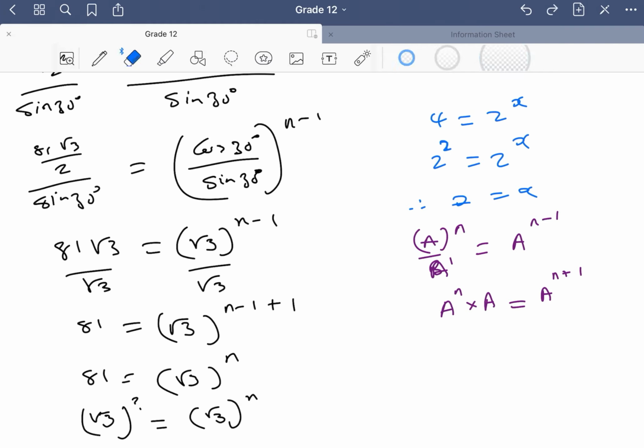So you can start from 1. If you punch it in your calculator, square root of 3 power 1 is just square root of 3. Now if it's power 2, you're getting 3, so it's not 81. If you change that to power 3, you're getting 3 root 3, it's not 81. If you change that to 4, you're getting 9.